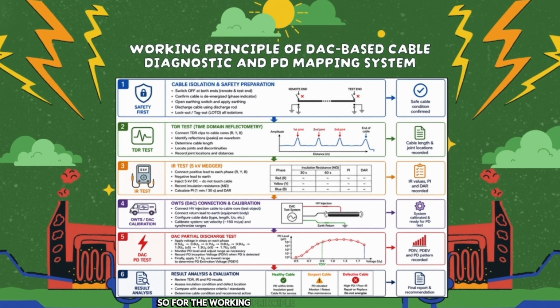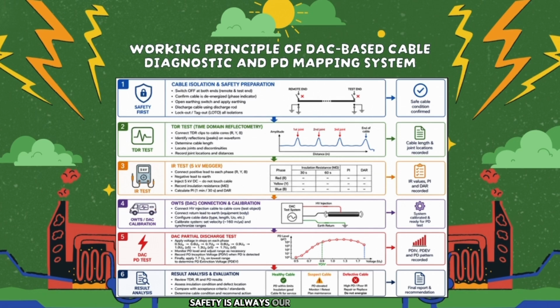So for the working principle and technical flow. Moving on to the core engineering of our system, the entire diagnostic process follow a strict 6-step workflow to guarantee safety and precision. So for the step 1 is cable isolation and safety preparation.